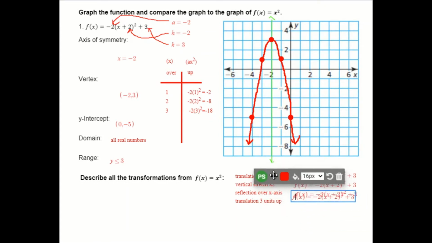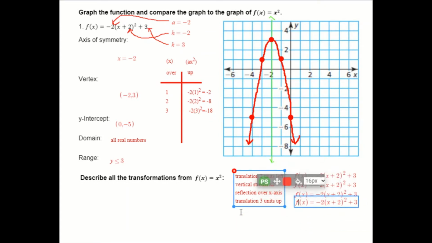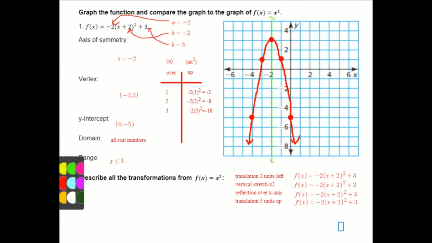And I don't think I'll do this for every single one, but at least one so you can see. This one is a really good example because it's got all these transformations. So I won't necessarily do this for every single example, but I think at least one should be good.